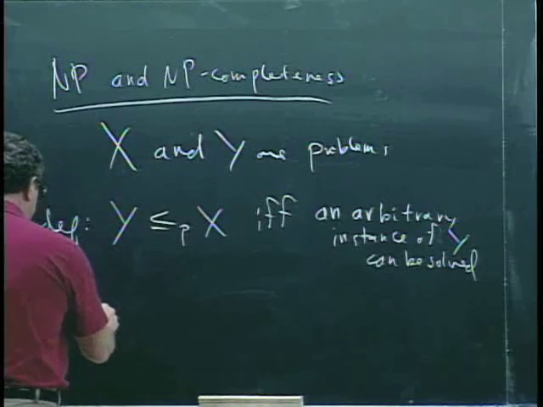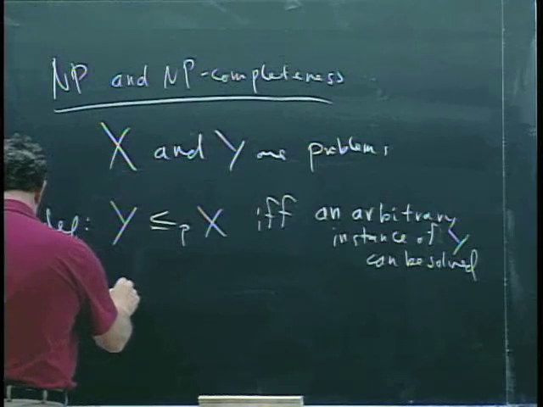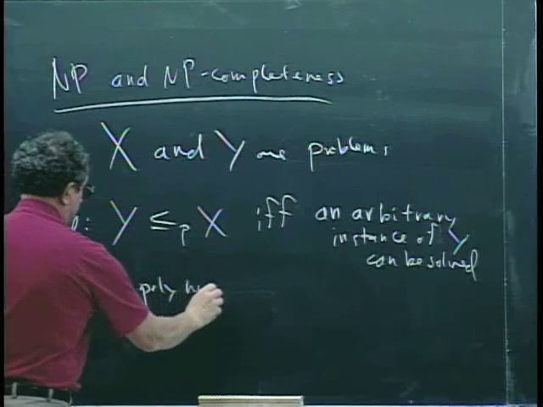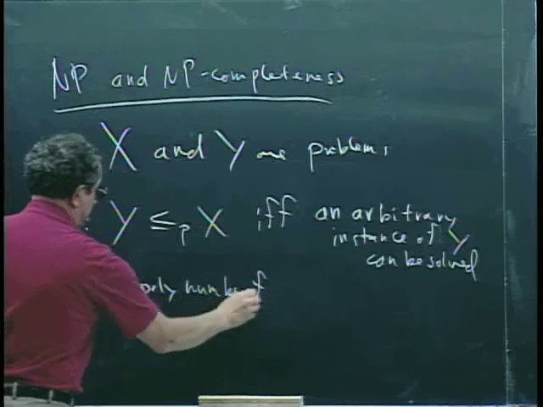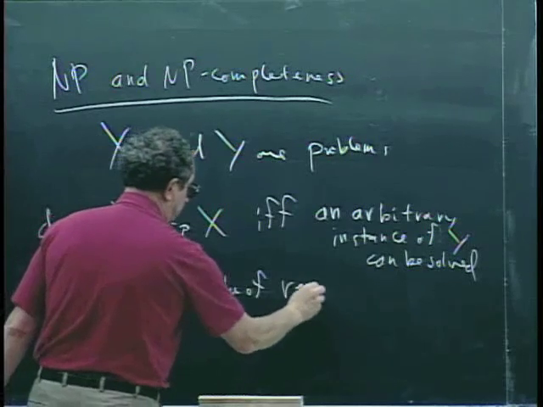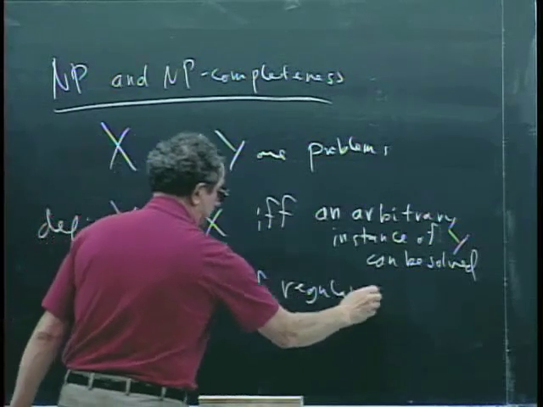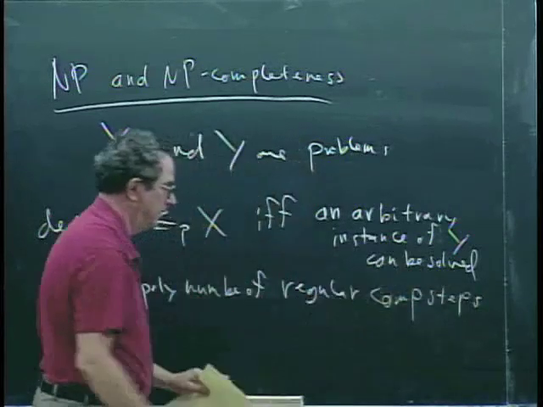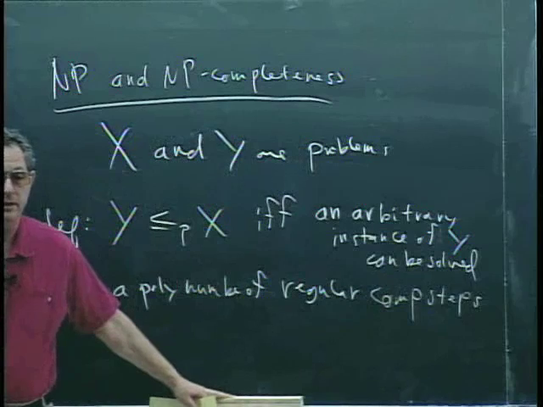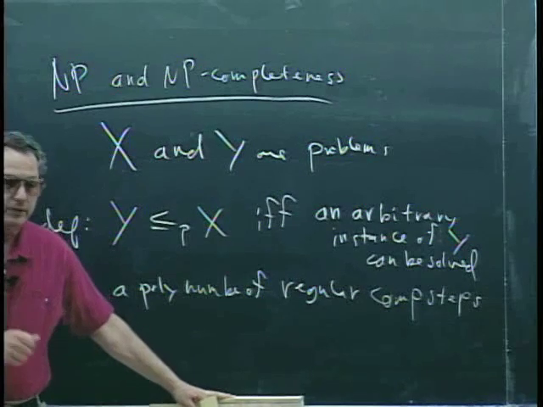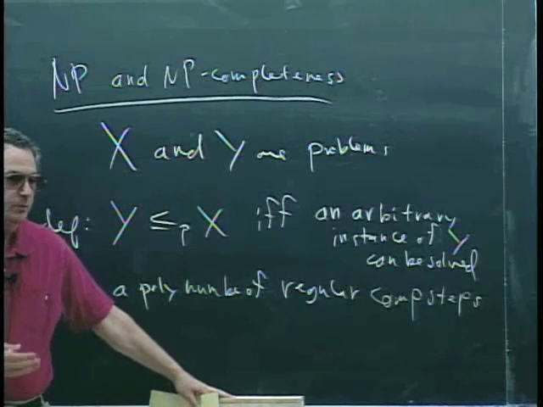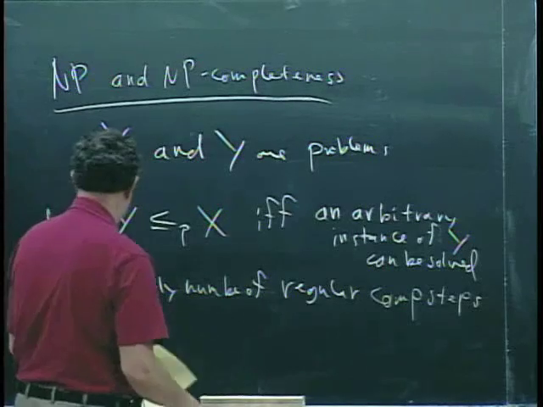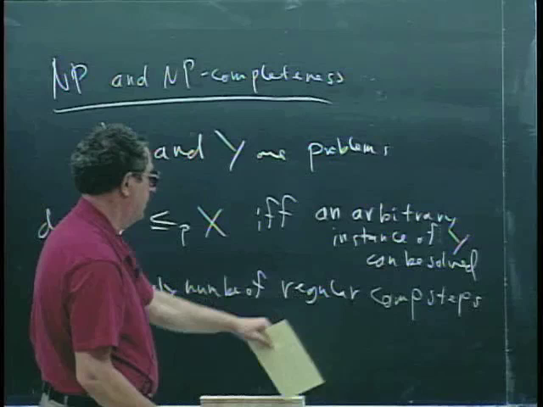It can be solved by a polynomial number of regular computational steps, just kind of things we're familiar with in our algorithms, comparing two numbers or moving a number from one memory location to another memory location, etc. It can be solved by a polynomial number of regular computational steps.